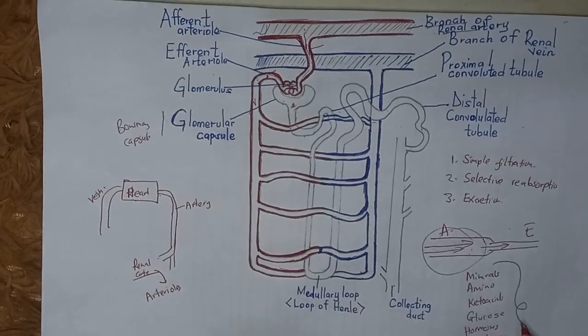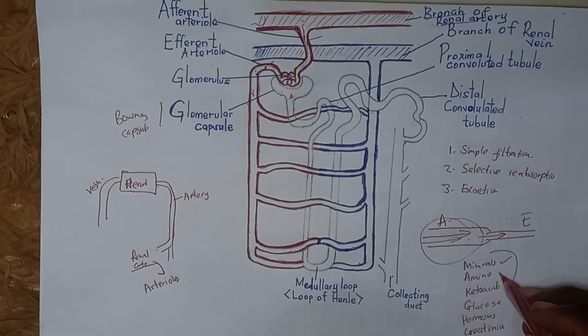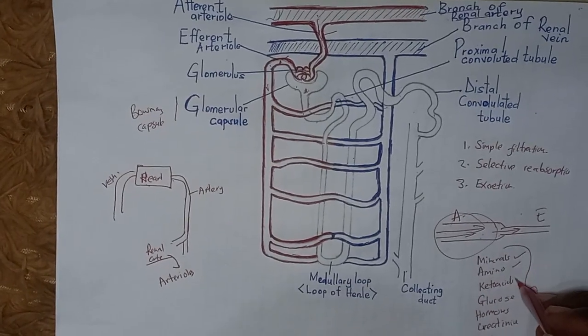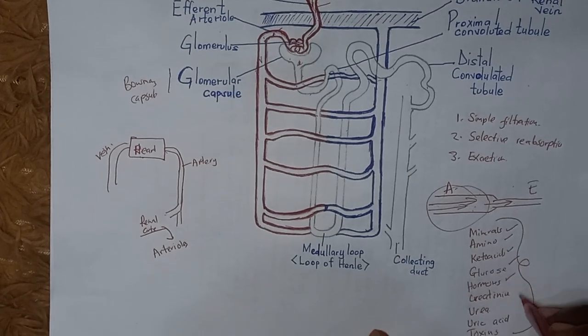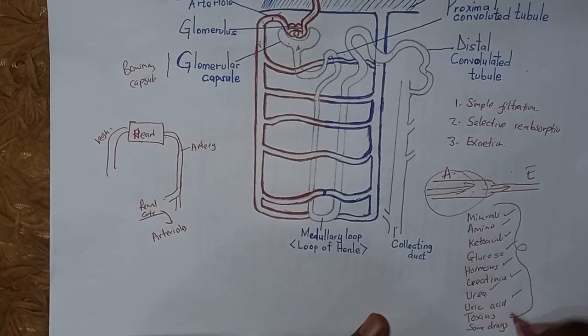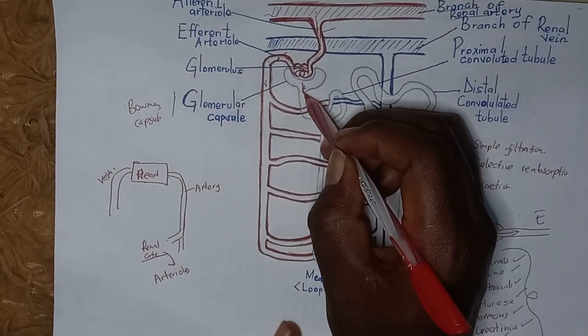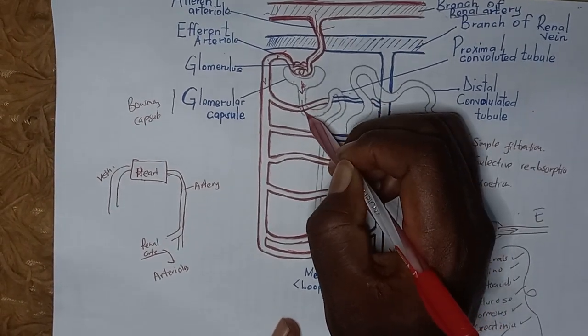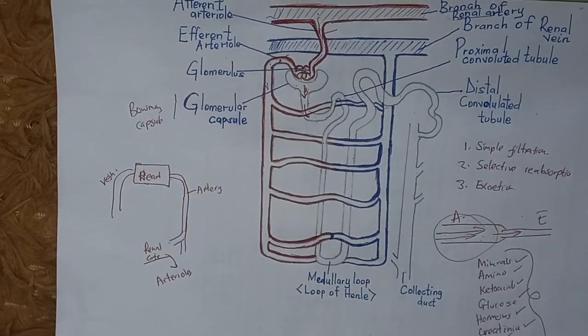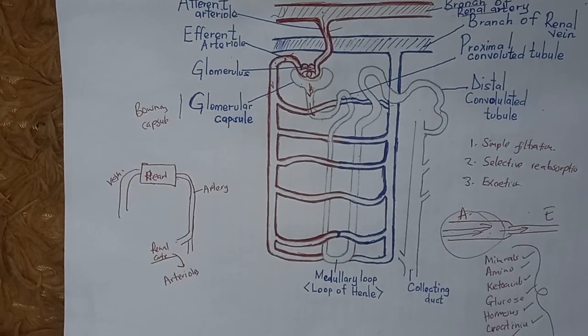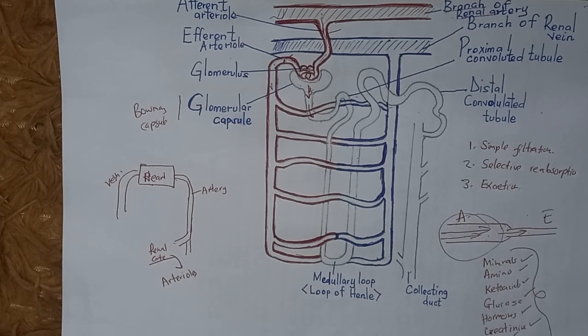So here we have the mineral salts, amino acids, keto acids, glucose, hormones, creatinine, urea, uric acid, toxins, and some drugs, and those will pass through here. So that is the first thing that I've tried to explain. We are done with the ultrafiltration.